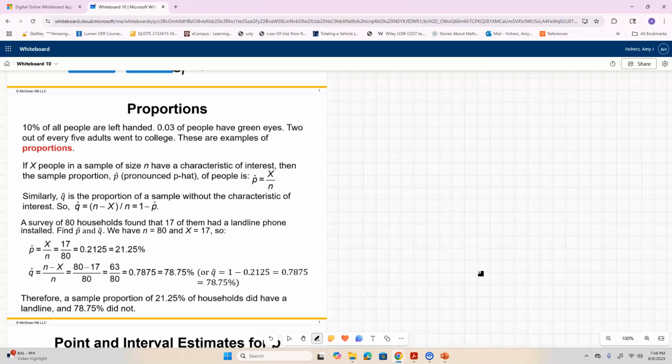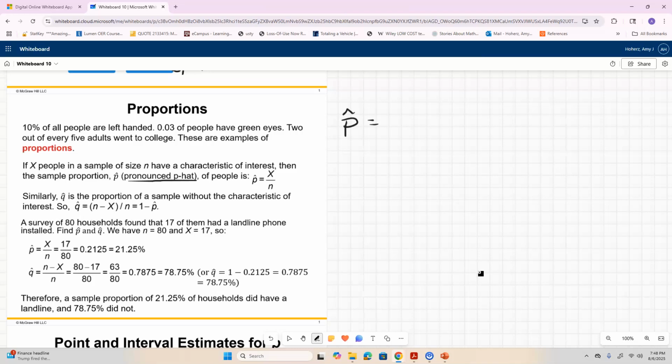So if X people in a sample size have a characteristic of interest, like green eyes or left-handed, then the sample proportion, which is P with a little upside down V on top of it, is pronounced P hat. In order to find P hat, we just take how many people in the sample have that characteristic out of the total sample. Kind of similar to what we did with the P and the Q when we were talking about probability.